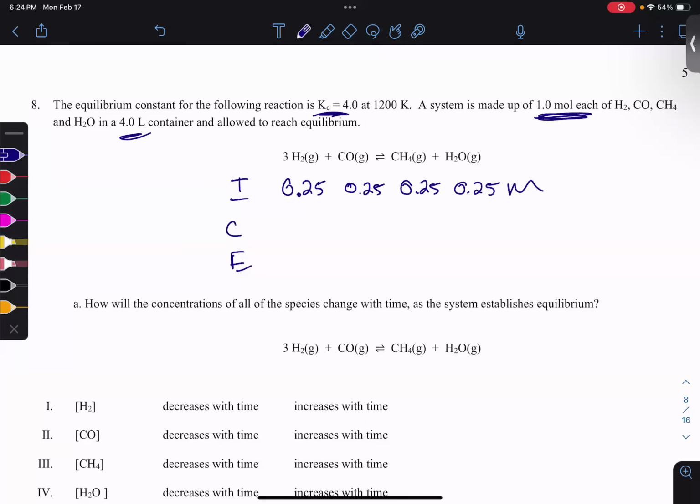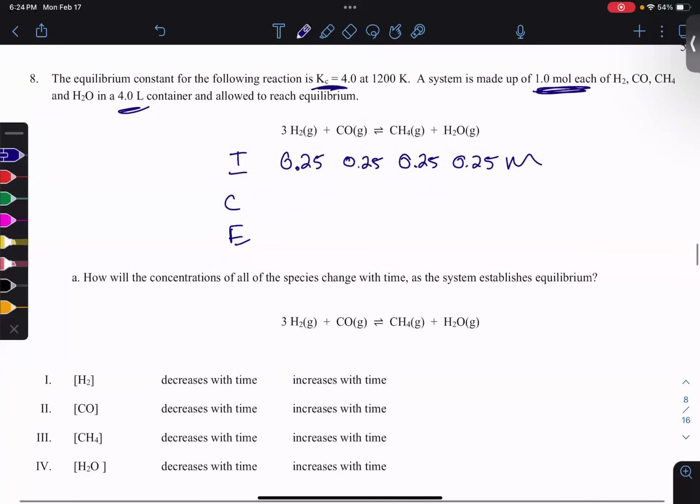Right? So I ask you, how will the concentrations of all the species change with time as the system establishes equilibrium? So I need to figure out, which way does this reaction go to achieve equilibrium? In all the previous questions, it was real easy to figure out whether the reaction went forward or reverse, because there was always something missing.